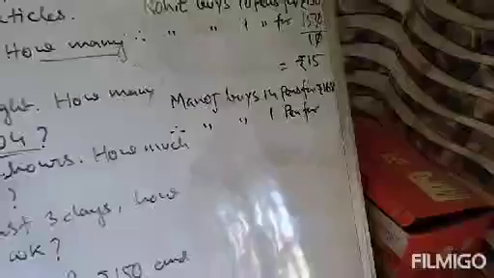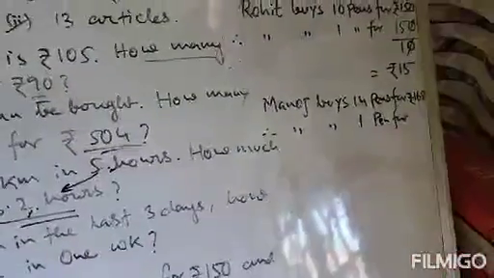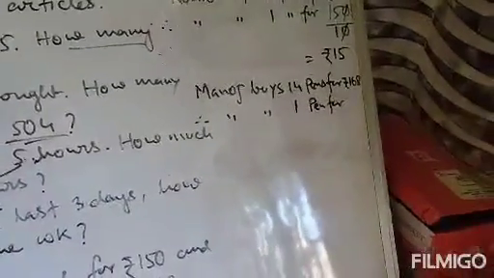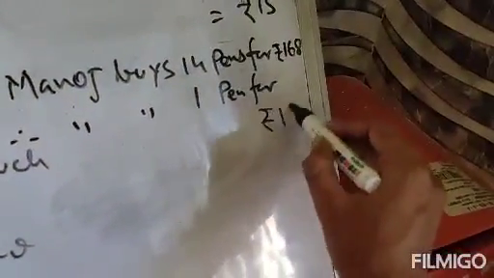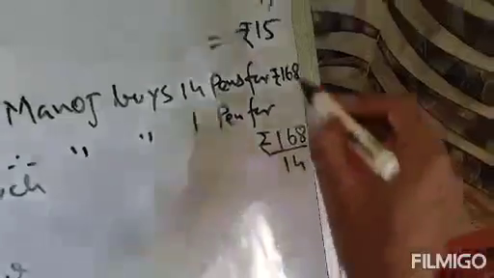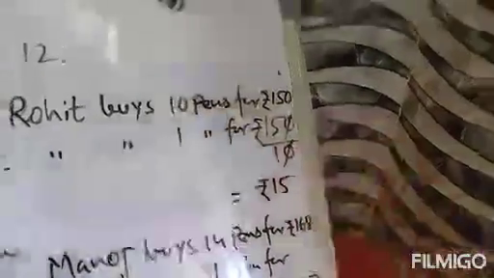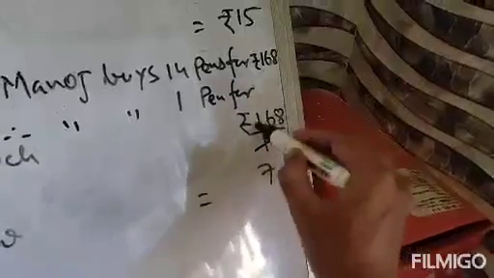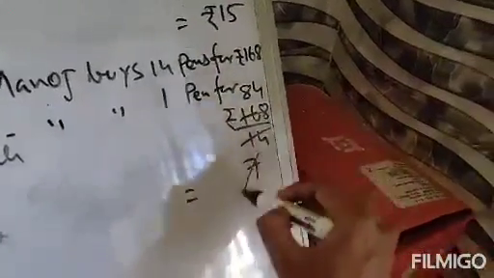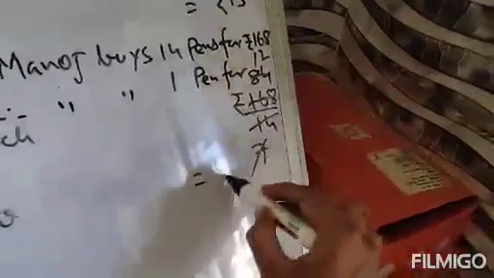Initially Manoj buys 14 pens for rupees 168. Now he wants to buy 1 pen. So the number of pens decreases, so the price will also decrease. That means it will be rupees 168 divided by 14. Now reduce. 2 7s are 14, 7 12s are 84, rupees 12.